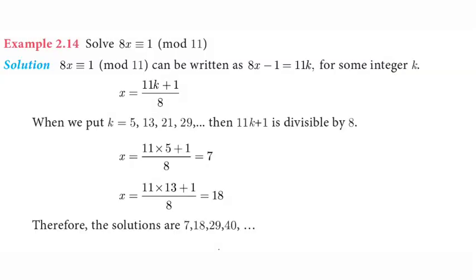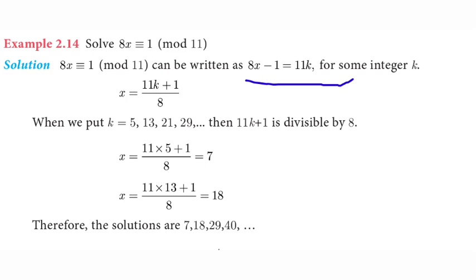Next example 2.14. Solve 8x is congruent to 1 mod 11. Solution: 8x is congruent to 1 mod 11, that is a equals 8x, b equals 1, divisible by 11, that can be written as a minus b equals 11k.